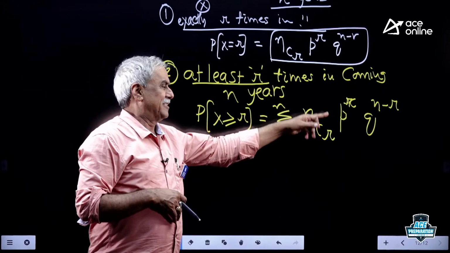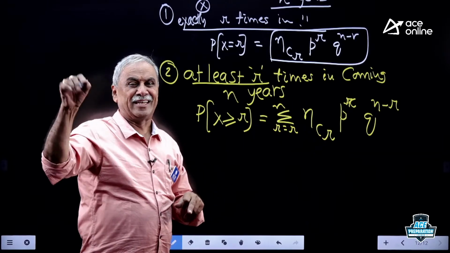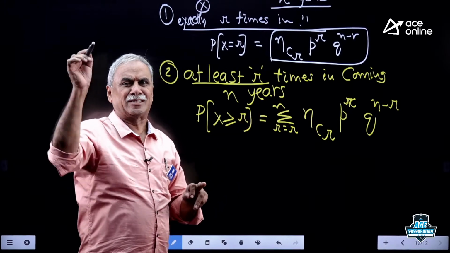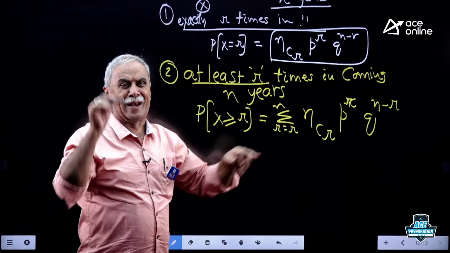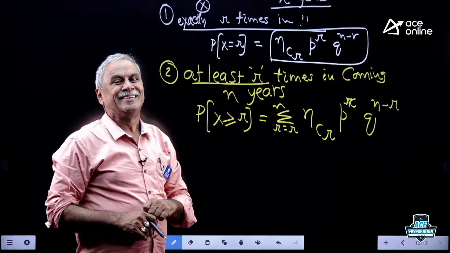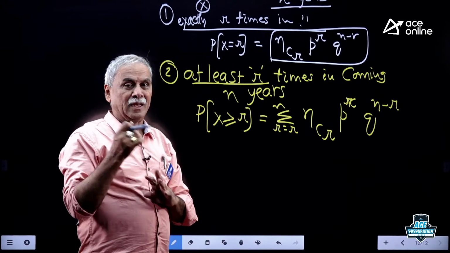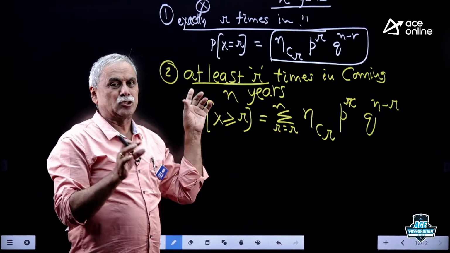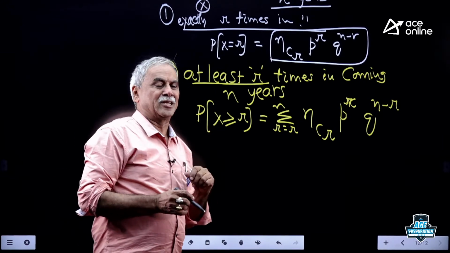That is 10C6 P power 6 Q power 4, plus 10C7 P power 7 Q power 3, plus 10C8 P power 8 Q power 2, plus 10C9 P power 9 Q power 1, plus 10C10 P power 10 Q power 0. That much lengthy problem may not be given in the GATE examination. Simply, you may be asked a summation function like this in multiple choice. This is also one important expected area for the coming GATE examination.